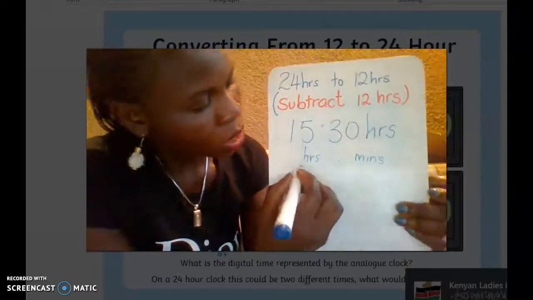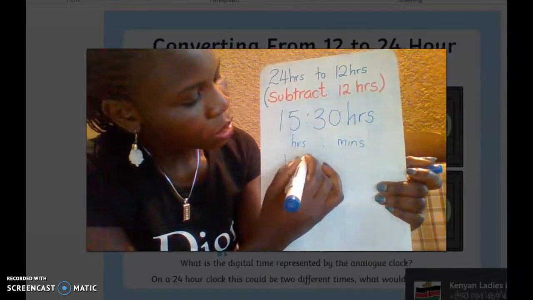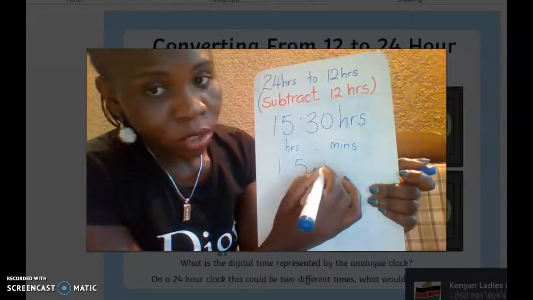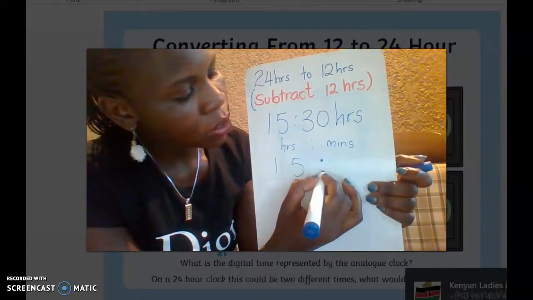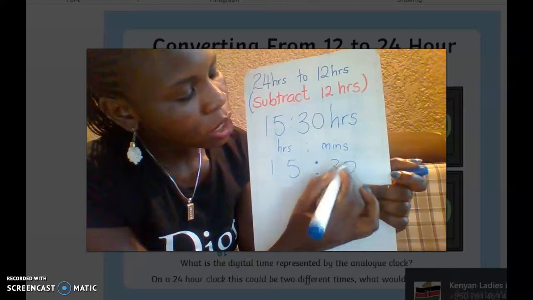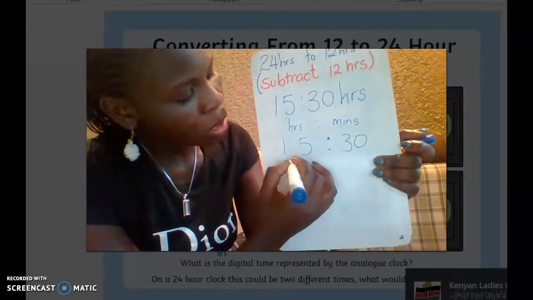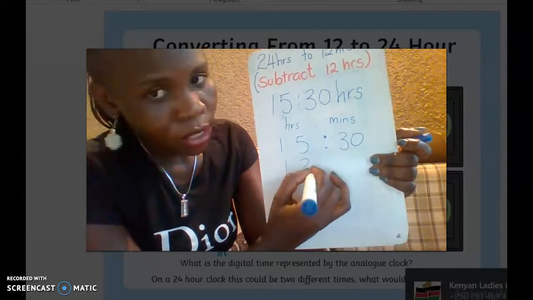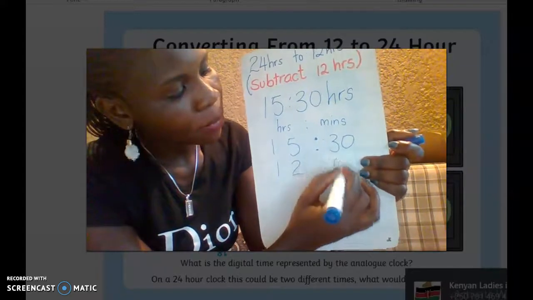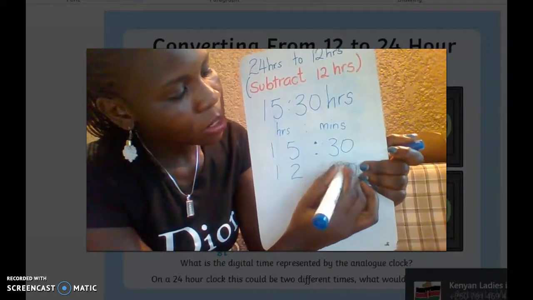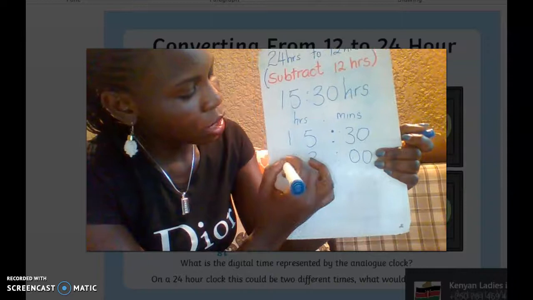So here I'm going to write 15, remember your 2 columns, 30. Then you subtract 12 hours. Remember, the minutes are not going to be affected and we are subtracting.